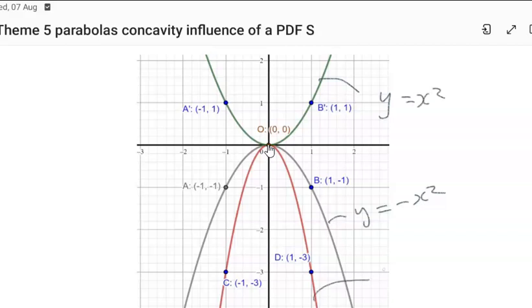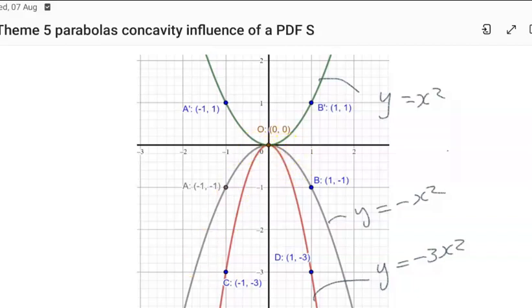And this is now y equal to minus 3x squared. And if you see here, if x is equal to 1 there, the value that is minus 1 there becomes now minus 3 here.